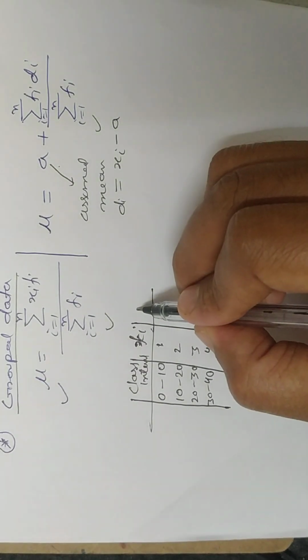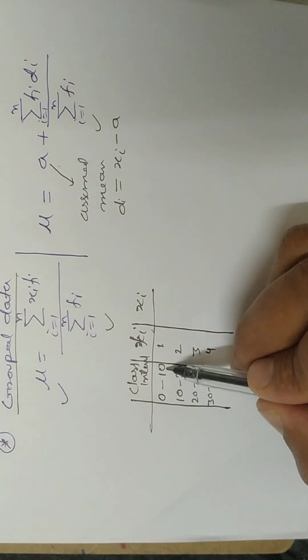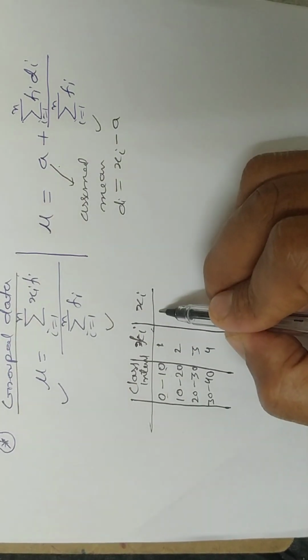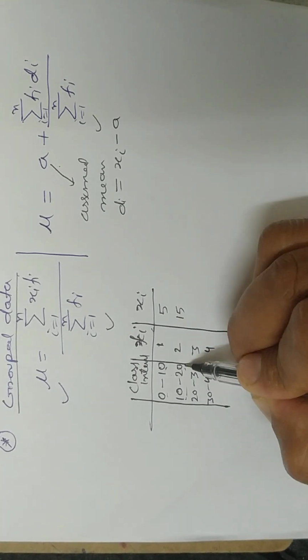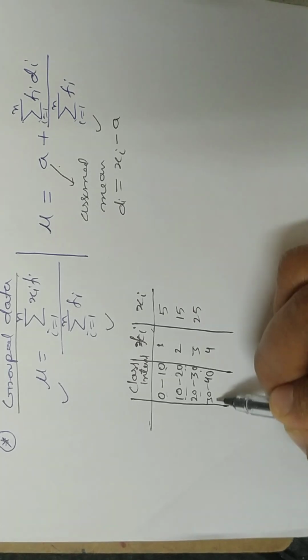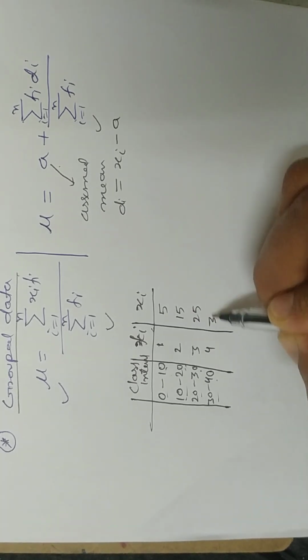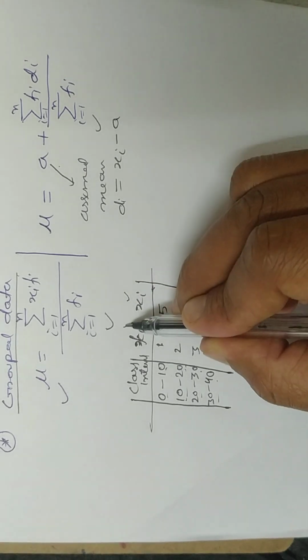Now, first we need to calculate xi, and the value of xi is the middle point of each interval. This is 5, middle point of this is 15, of this is 25, and of this is 35. Now we have the xi and fi.